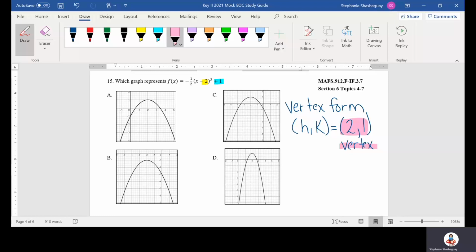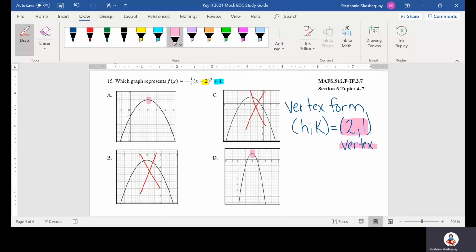Okay, so here my vertex is at 2, 1. Well, here my vertex is at negative 2, 1. So I can cross that out. This vertex is at negative 2, negative 1. So I can cross that out. And then I have a vertex of 2, 1 here. So already I knocked out 2 possible solutions just by looking at my vertex and pulling it out of this function.